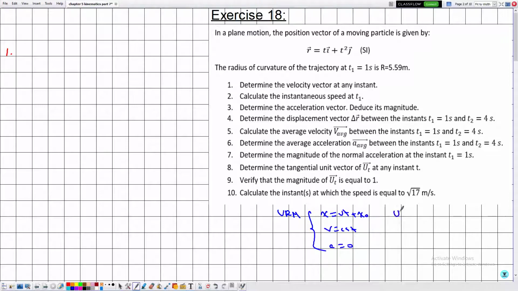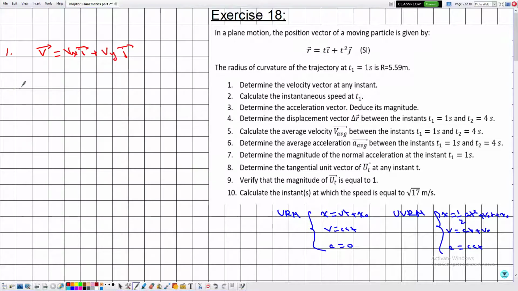As for the case of UVRM, we have that x is equal to half at squared plus v0t plus x0, v is equal to at plus v0, and the acceleration is equal to a constant. So whenever we need to study the motion, we will refer to these equations in order to indicate the linear and the quadratic terms. Now in number 1 they are telling me determine the velocity vector at any instant, in which the velocity vector is given by vx i plus vy j.